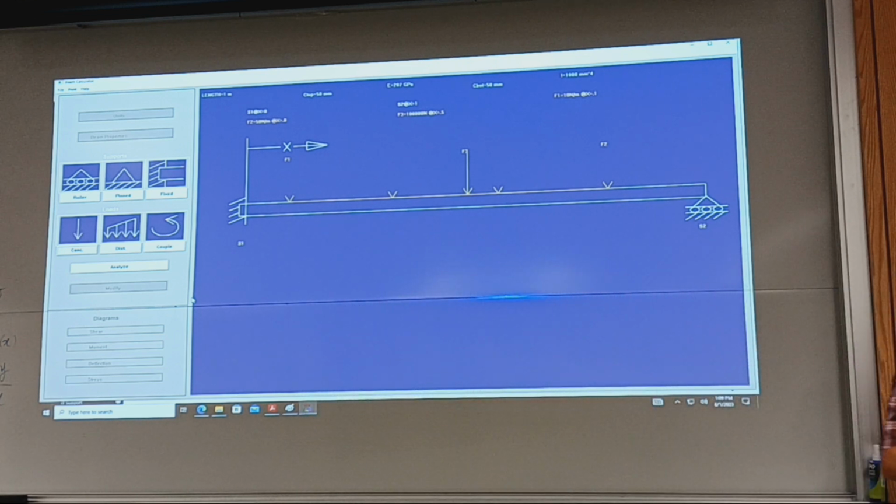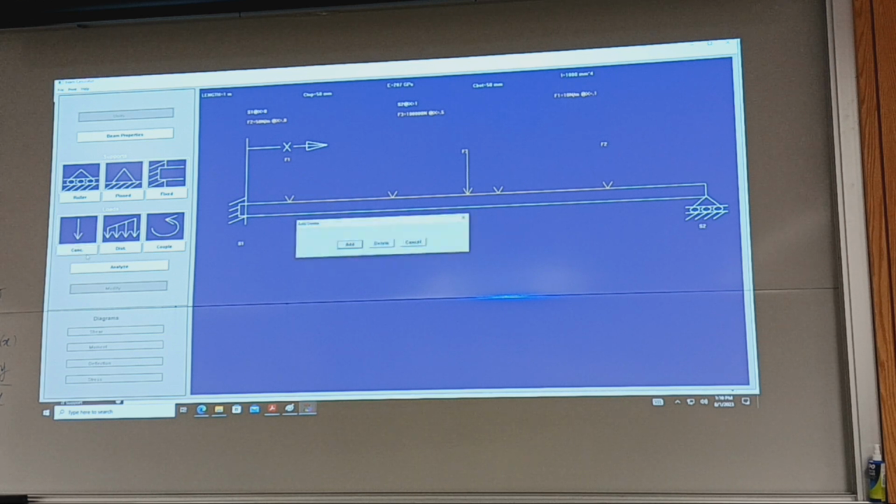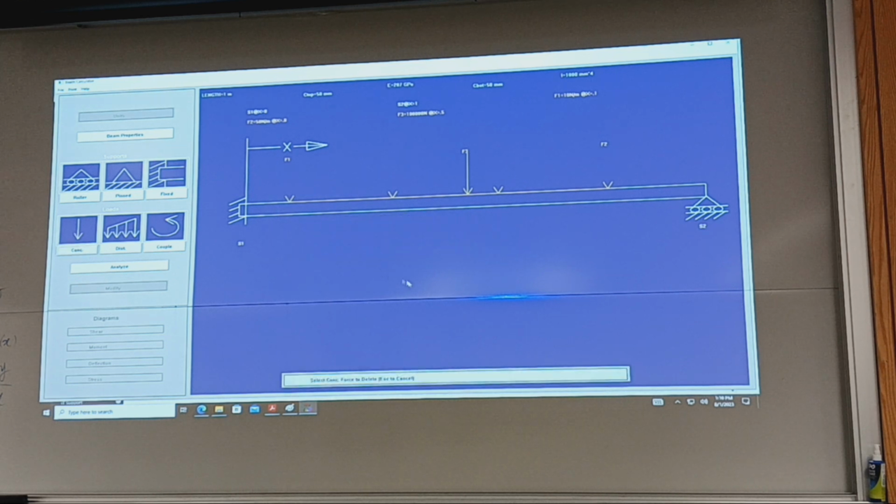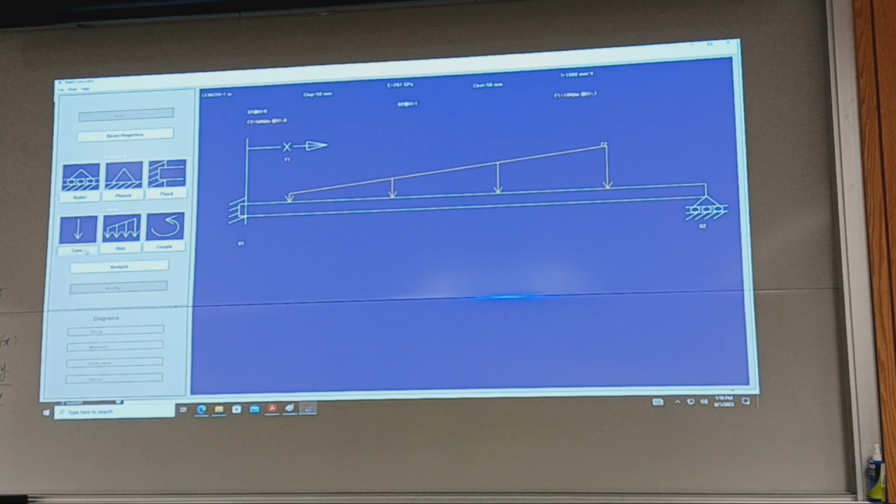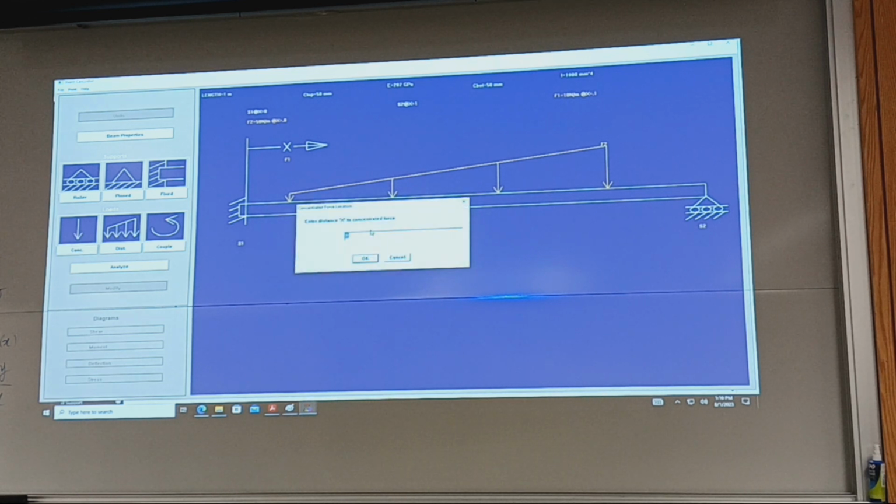I think there are ways to edit. Let's do analyze. Looks like I can modify, delete. Okay, so I deleted, add a concentrated force. It was too big earlier, so it's at 0.5. And then magnitude, let's make it 100 newtons.